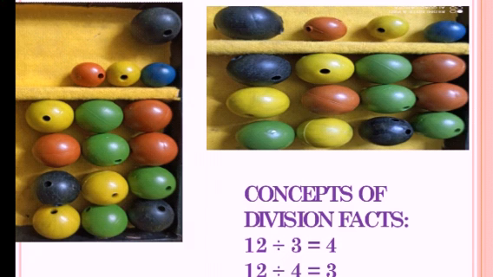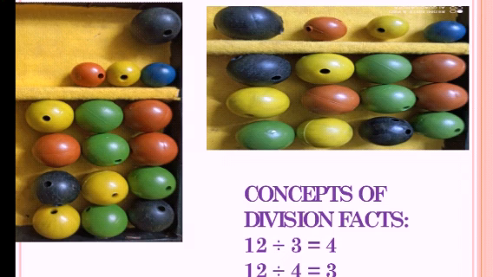Now the concept of division fact. What is a division fact? Look here, first when 12 is divided by 3, the answer is 4. Now pay attention. In 3's table or in 4's table, when you multiply 3 by 4, or in 4's table, when you multiply 4 by 3, what answer do you get? You get 12, right?